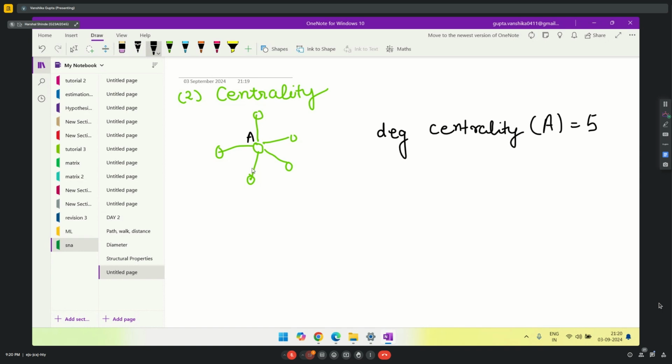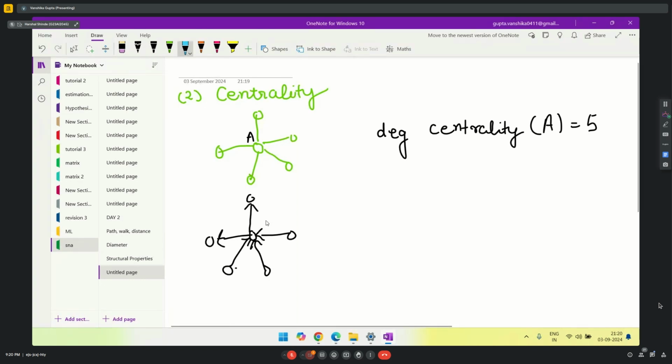This is the case for an undirected graph. Now, if I talk about a directed graph, what happens if this is my node? In a directed graph, of course, I'll have some outgoing nodes and some inward nodes. So how do you define degree centrality?